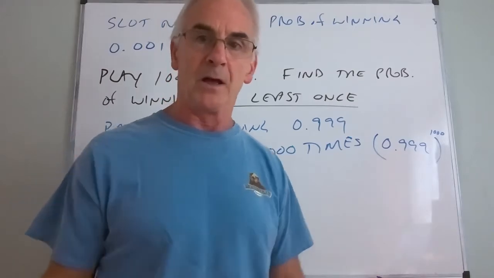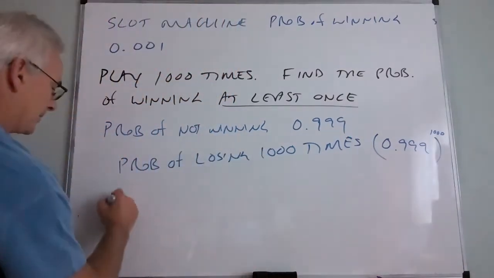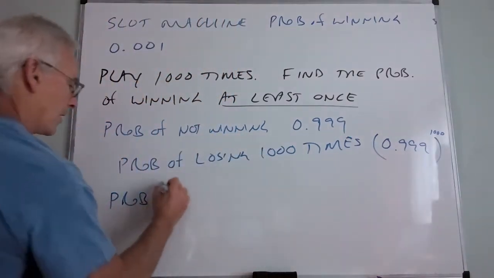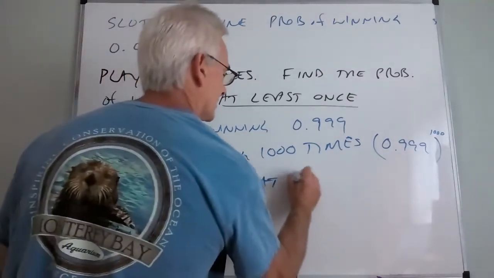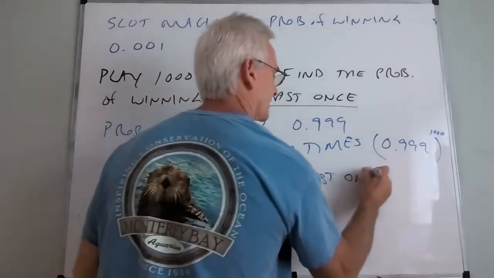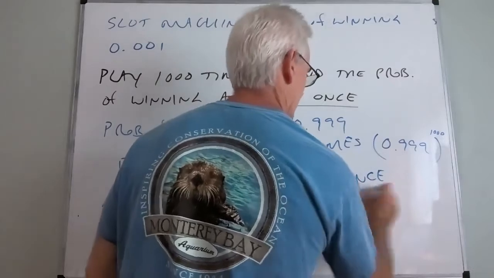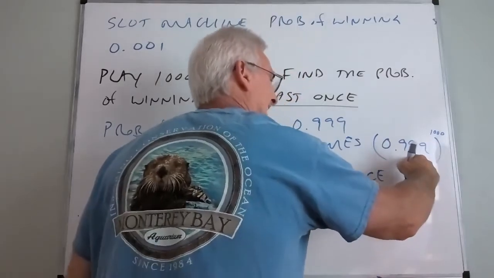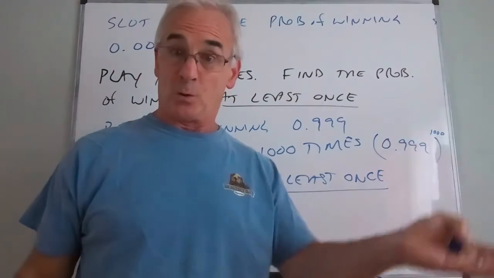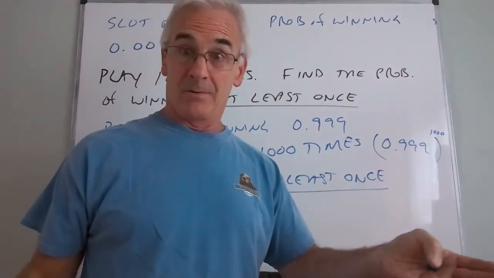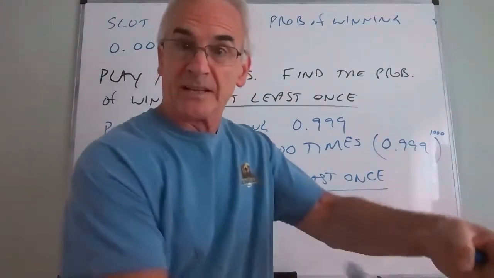It's smaller than 1. So now what is the probability of winning at least once? Well, if this is the probability of losing every time, isn't that the complement of winning at least once? Winning at least once, the complement is winning 0 times.